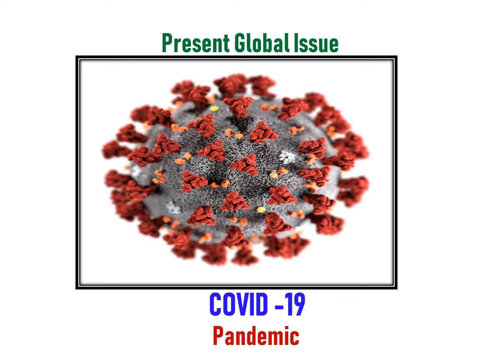Now let us look at our problem, the COVID-19 pandemic. It is at present the global issue. COVID-19, coronavirus disease 2019, is an infectious disease caused by a new kind of virus, corona.